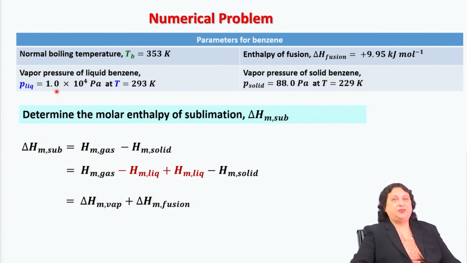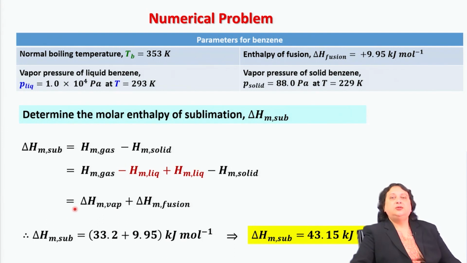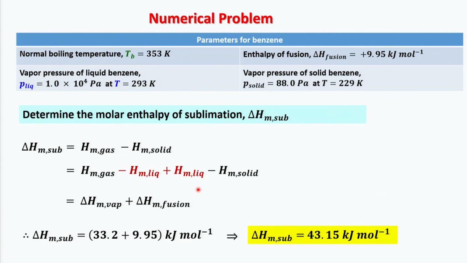Yes, I have found it out by using these two sets of data. So, I can go ahead and put them together, and I find that the molar enthalpy of sublimation is 43.15 kilojoules per mole.